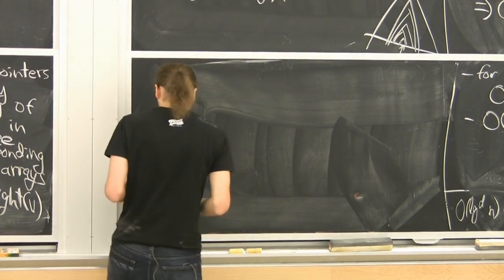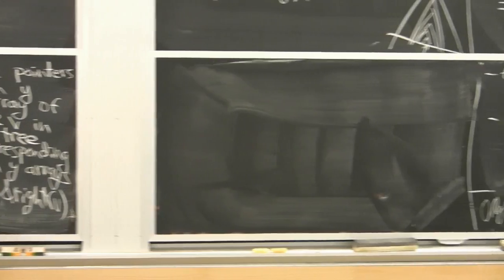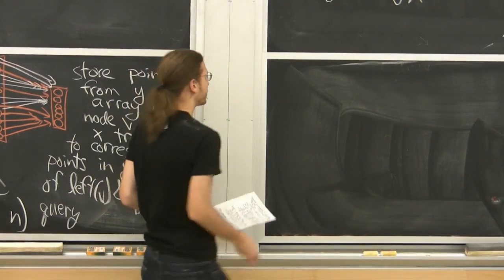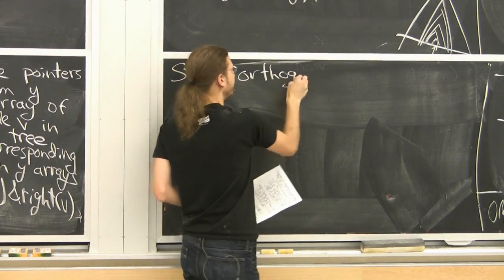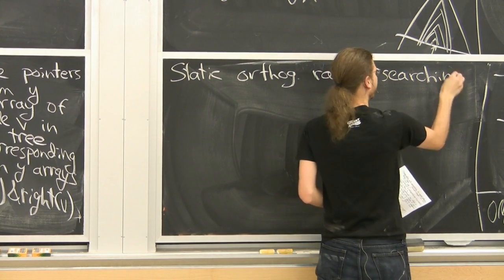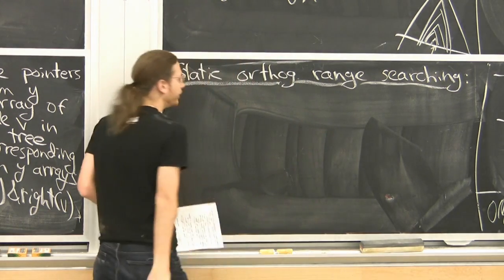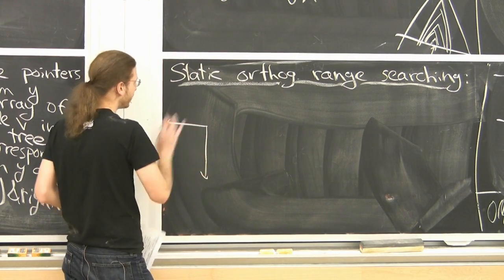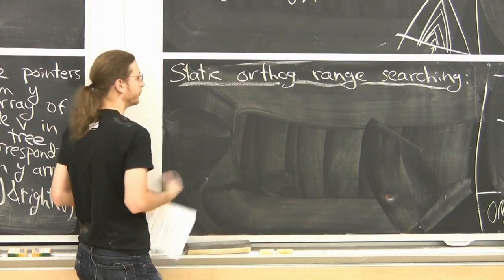So for static orthogonal range searching, range searching is a big area. We're looking at the orthogonal case. There are other versions where you're querying with a triangle or a simplex. You can query with a two-sided box, which goes out to infinity. All sorts of things are out there. But let me stick to rectangles, because that's what we've seen and we can relate to.